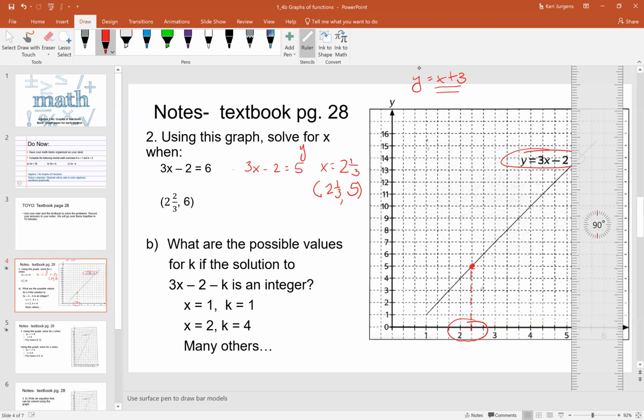You see what I'm saying? Like if x equals 1, y would equal 1 plus 3. So y would equal 4. Does that make sense? Okay. What happens if x equals 2 with this function? What would y be? Yeah, which would be 5.